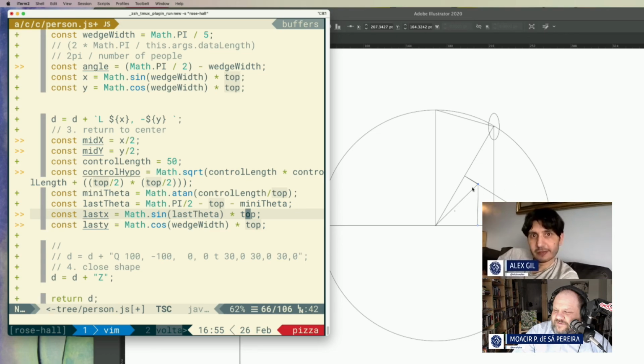All right. So we have this last theta, last x times this, which is what I'm calling control hypo.